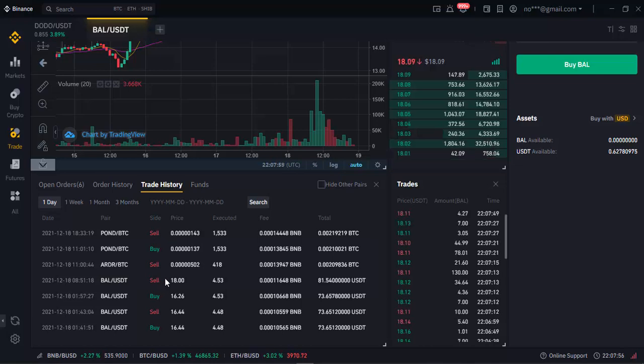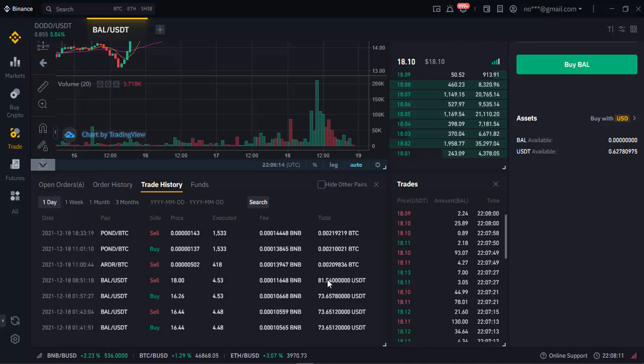So let us see this. This is the price. It sold at $18, and this is the fee, and then this is the total USDT we got after selling it.